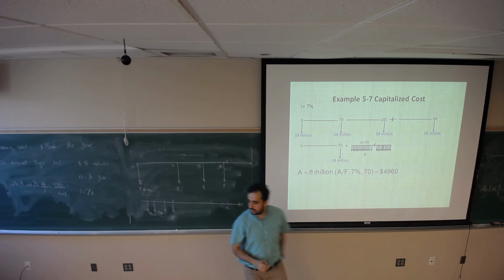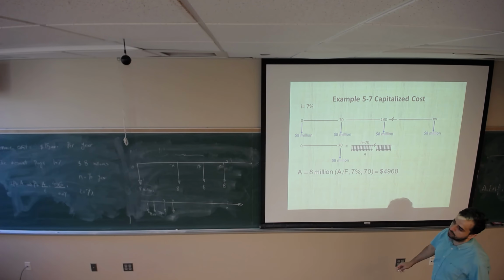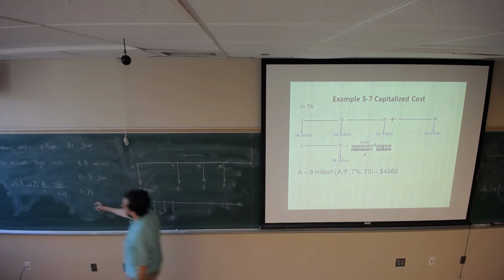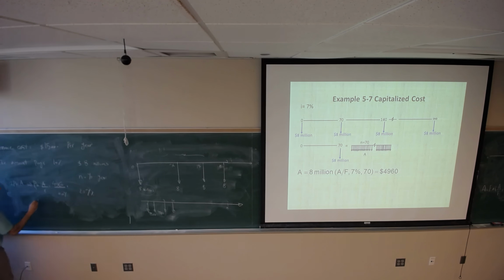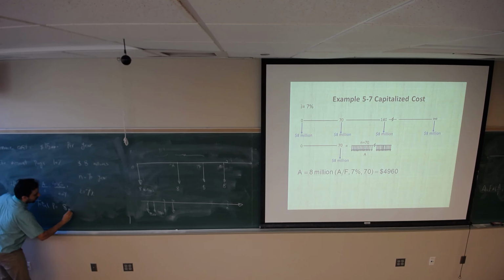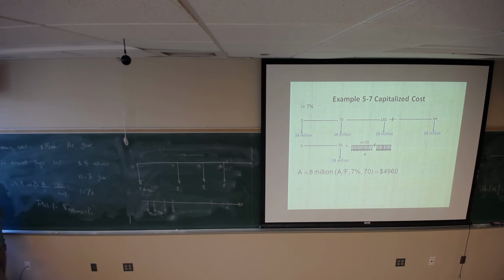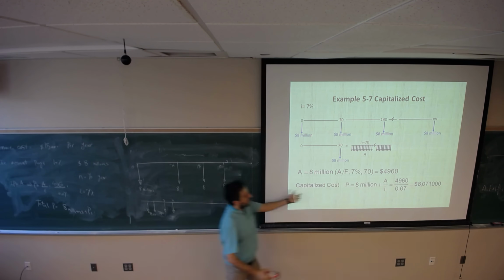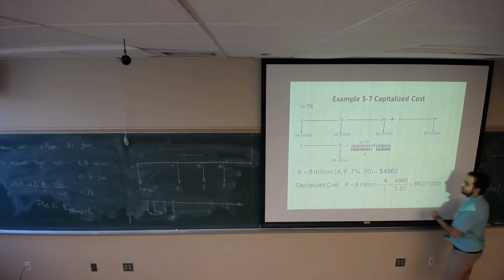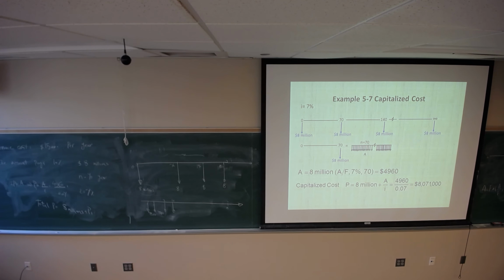Since this $8 million occurs at the present time, it should be added to this P. So total P would be $8 million plus P1, which is $8 million plus 4960 divided by 7%, $8 million and $71,000.